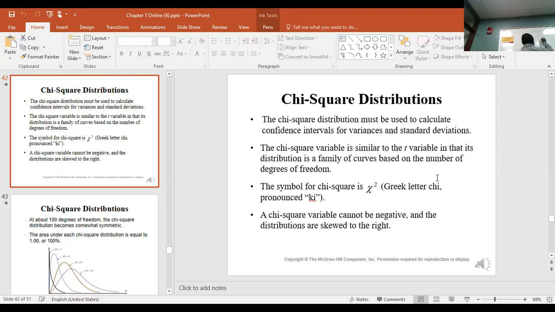It is a family of curves that depend on degrees of freedom.